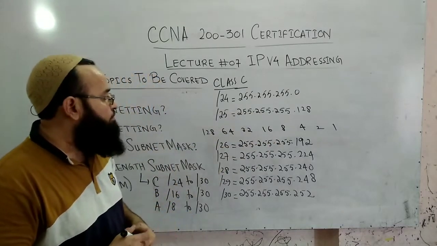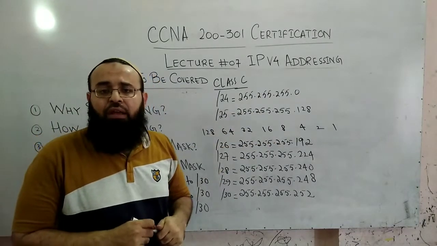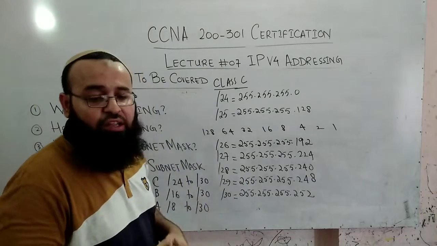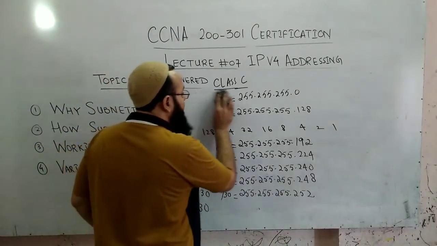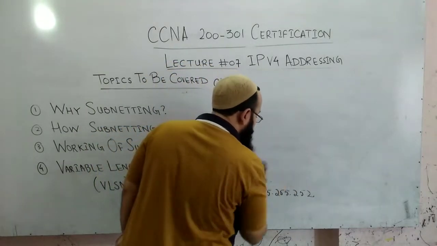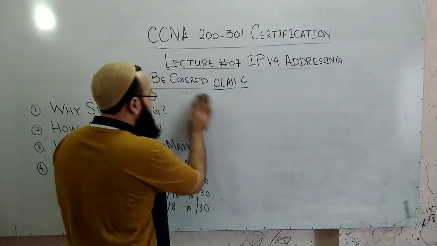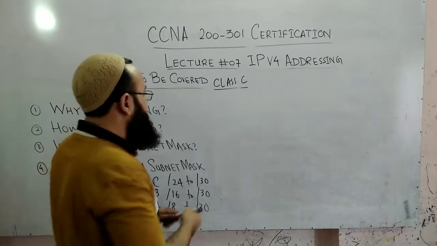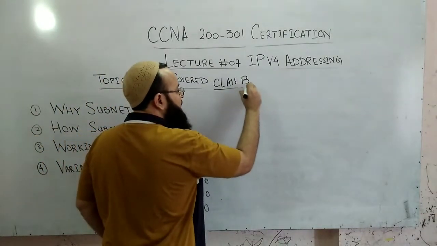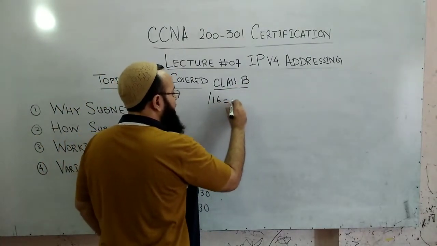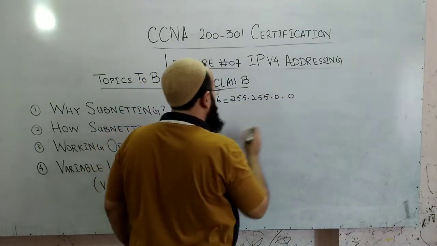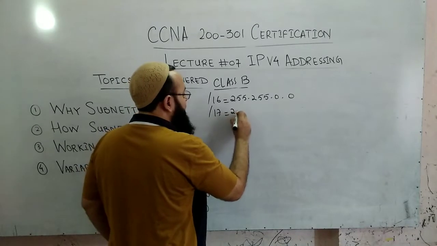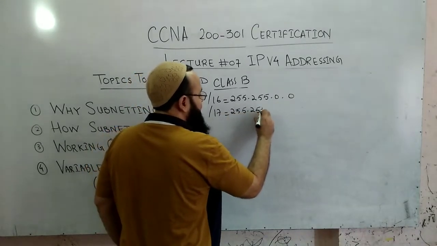Now talk about the class B IP address. In case of class B, this all starts from /16. So I am going to tell you about class B variable length subnet masking. This was for class C. Now class B. /16 means 255.255.0.0. Then /17 will mean 255.255.